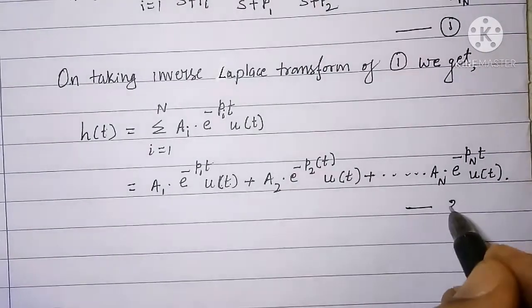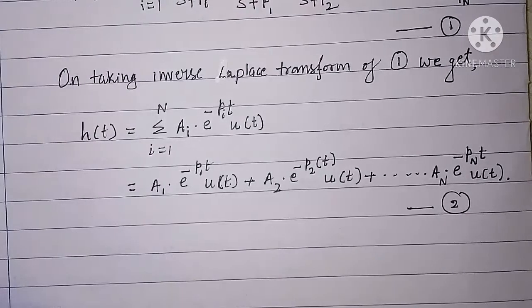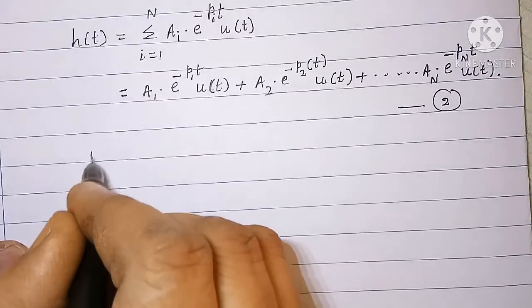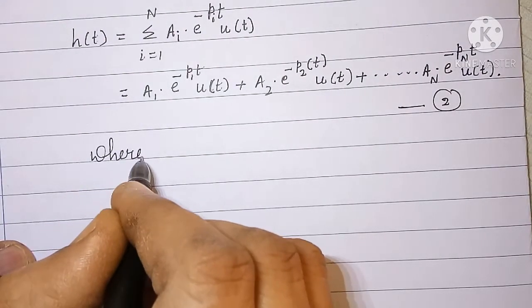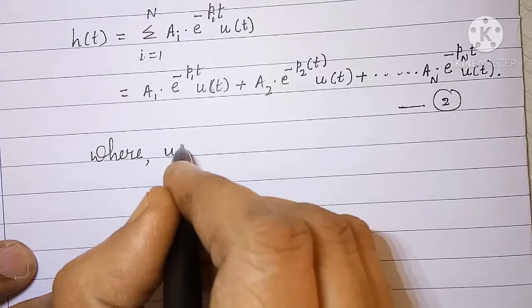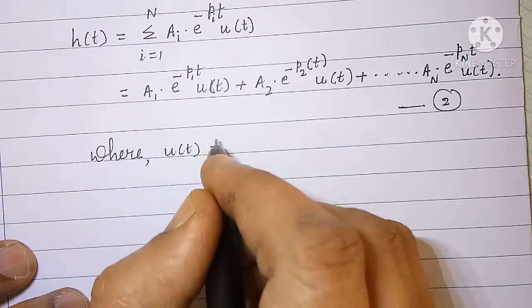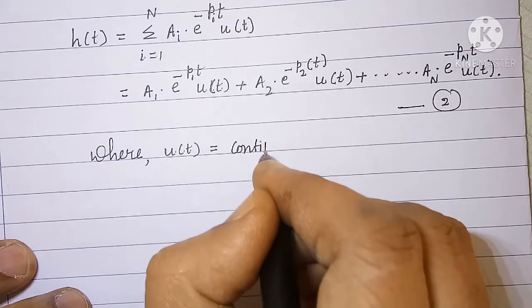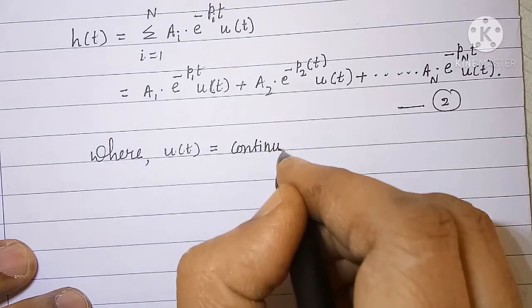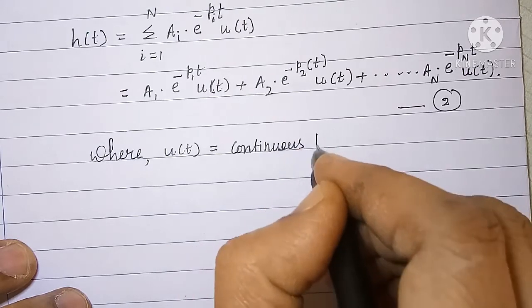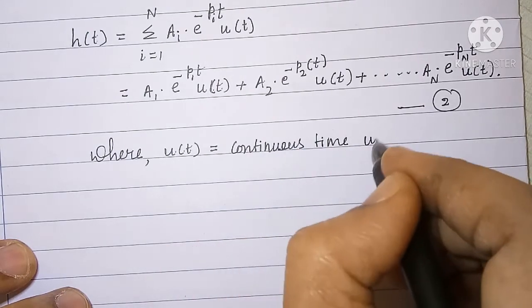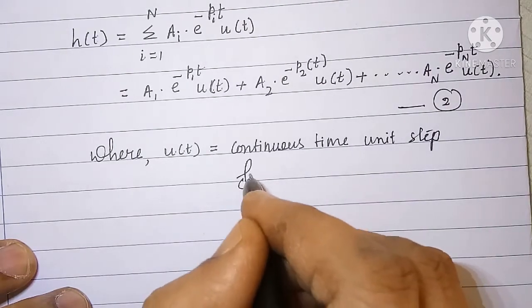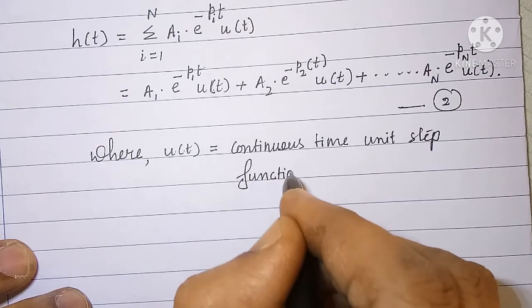Let us call this as now equation 2, where u of t is continuous time unit step function.